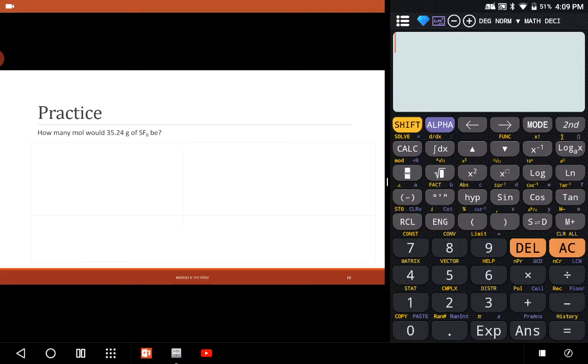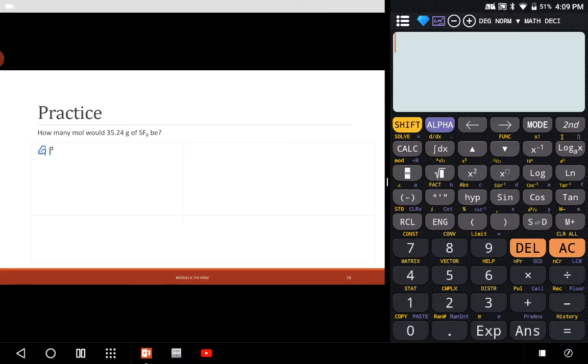All right. Here's a practice problem for you. Go ahead and figure out how many moles would be in 35.24 grams of sulfur hexafluoride. Pause the video and work that out in your notebook. Unpause the video when you're ready. Okay, let's do this. So you're starting with grams.